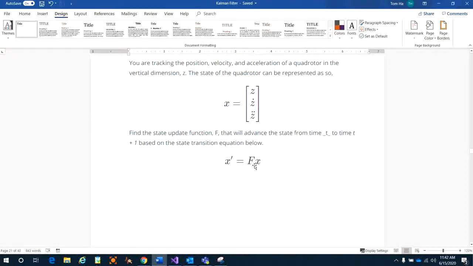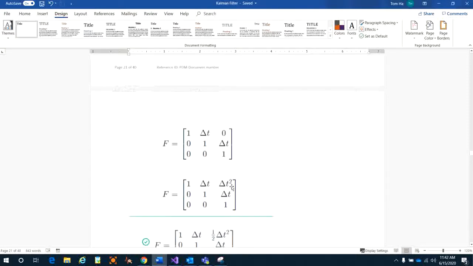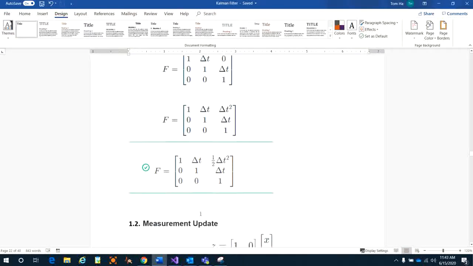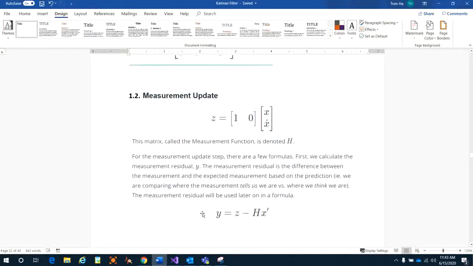So the state is 3x1, and A has to be 3 times 3, and the answer is a 3x1 dimension, right? But what is different right here? You remember the coefficients right here, they include the acceleration.